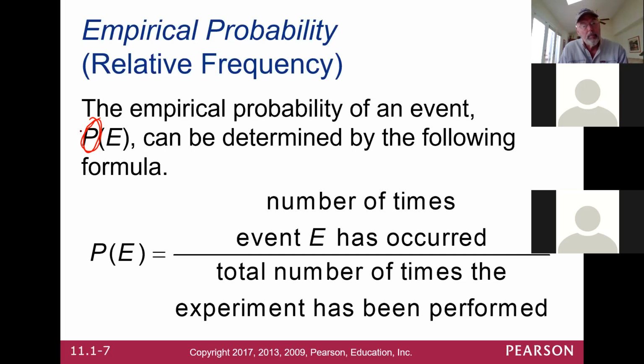So the probability of an event is the number of times the event occurs over the total number of times that the outcome should be.